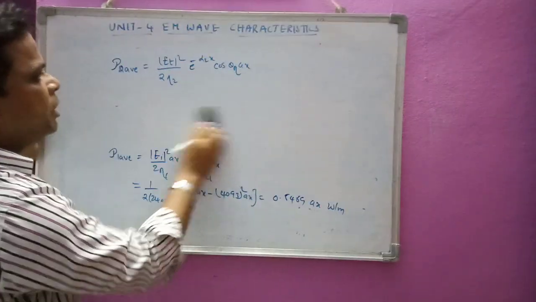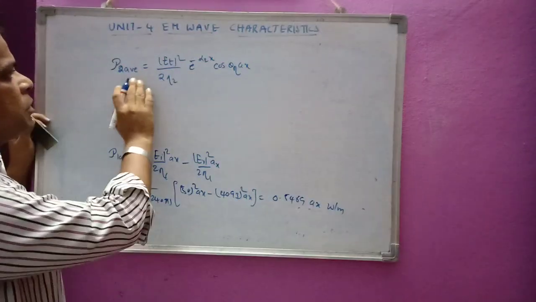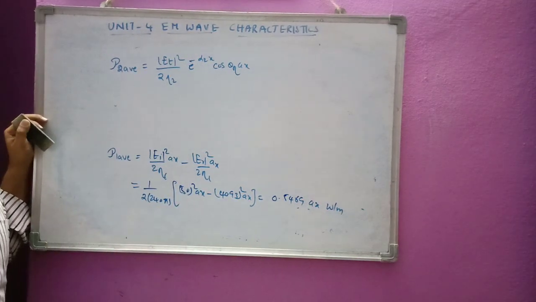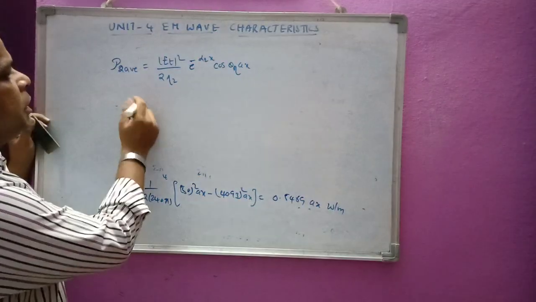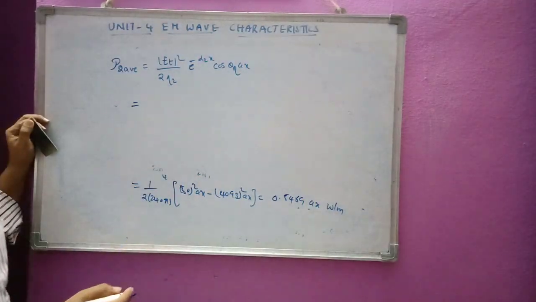We use this formula because we are going to have the wave in medium 2. Now for this ET we have already calculated ET naught.